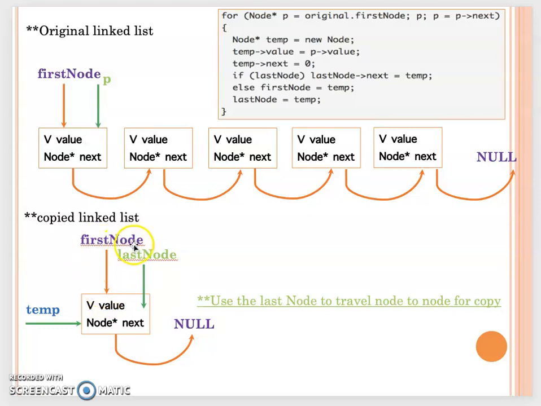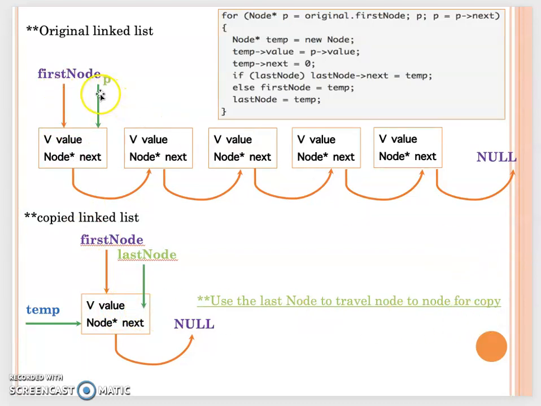But after the first node points to this node, can I use this first node to travel again? No, because when you copy this one, their first node needs to equal my first node. Before, when we did the push, we used the first node to travel. But now, when I copy, after the first node is set, I never move it anymore.